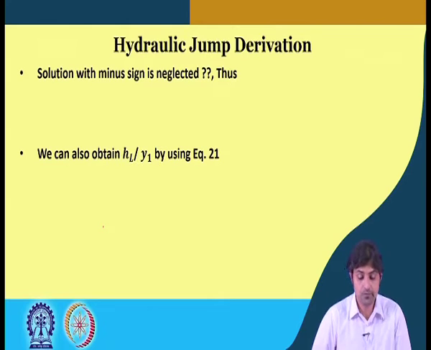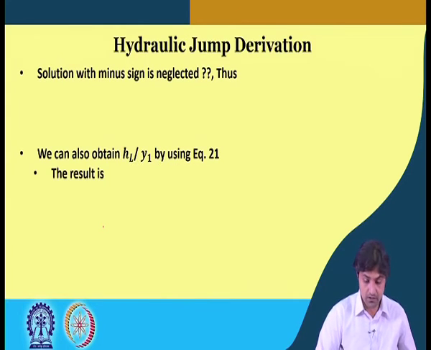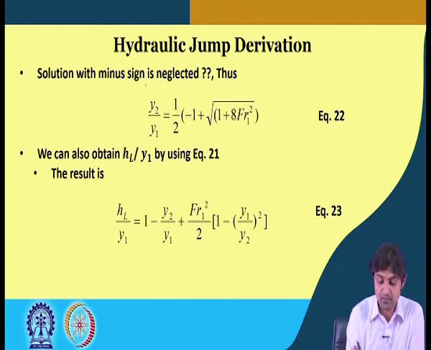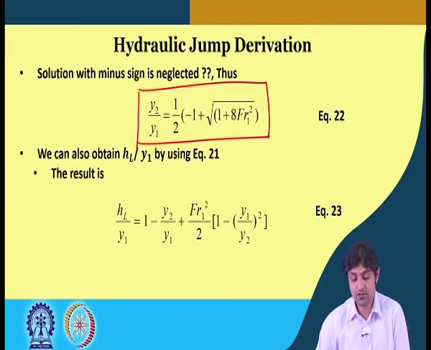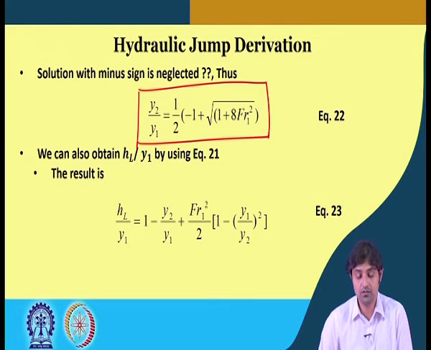Therefore, we get the final solution as y2 by y1 is equal to half into minus 1 plus under root 1 plus 8 Fr1 whole square. See, because the negative solution is neglected because this will give a negative value of y2, which is not possible. All right. So, that minus sign is neglected.